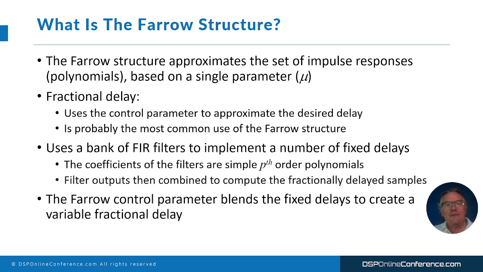If you take the approach of using separate filters, you need a lot of filters, and they're generally quite large, so they'd be higher order. However, one of the benefits of the Farrow structure is that you can implement these fractional delays using very low order filters, and it's combining the outputs of these lower order filters that gives us a really accurate result.